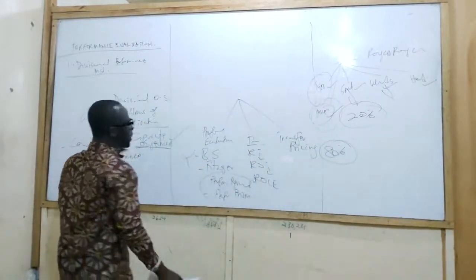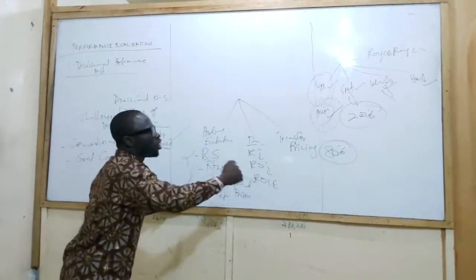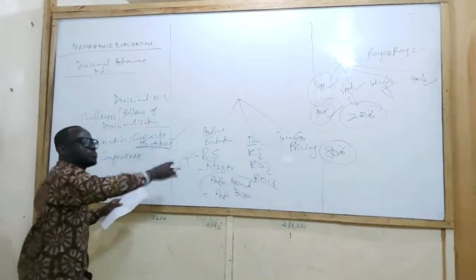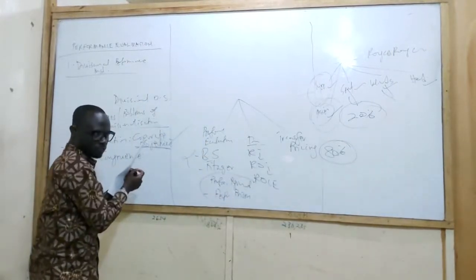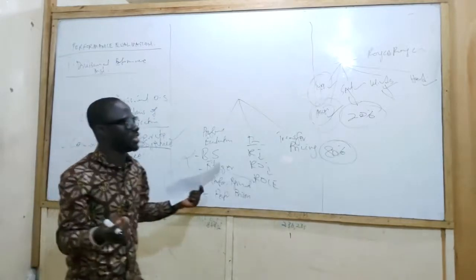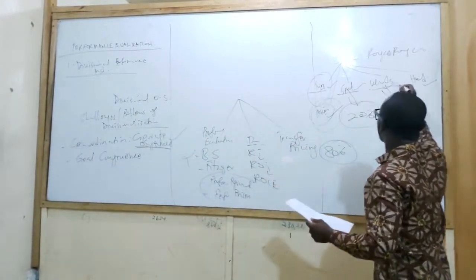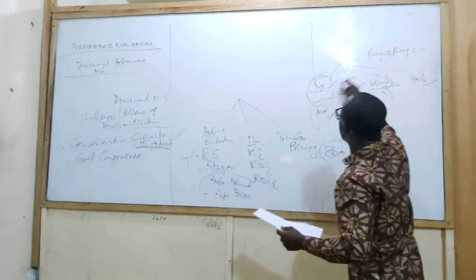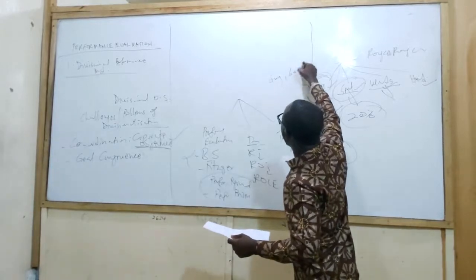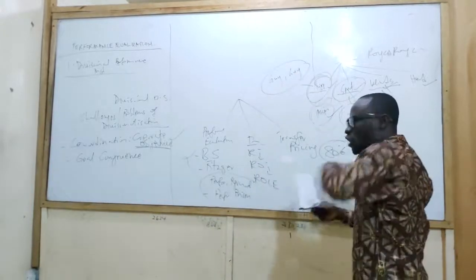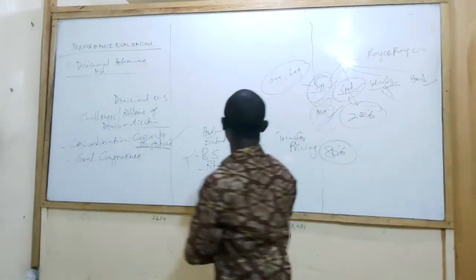Goal congruence simply means ensuring that management of various divisions don't pursue their own interests but pursue the corporate objective. What does that mean? One will say, if you do divisionalization, every manager of a division will become selfish. They want to show that they are making more profit at the expense of another division.